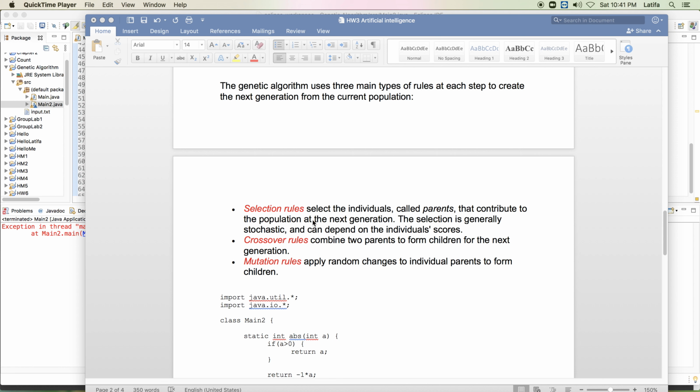The selection is generally stochastic and can depend on individual scores. The second main type of rule is crossover rules. That means to combine two parents to form children for the next generation. The third and last rule is the mutation rules, and that means to apply random changes to individual parents to form children.